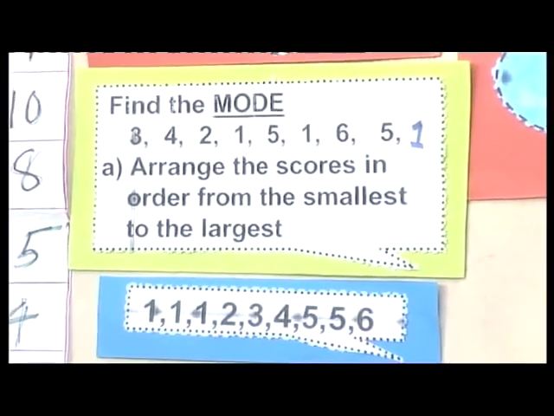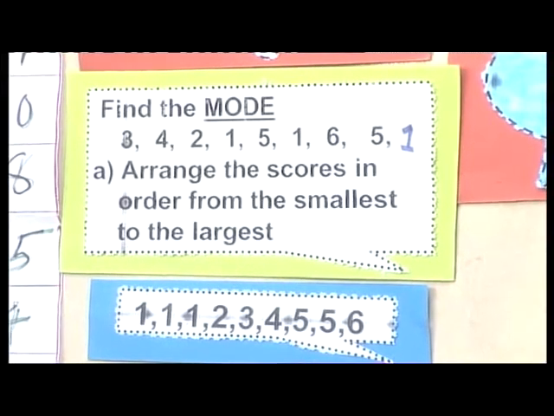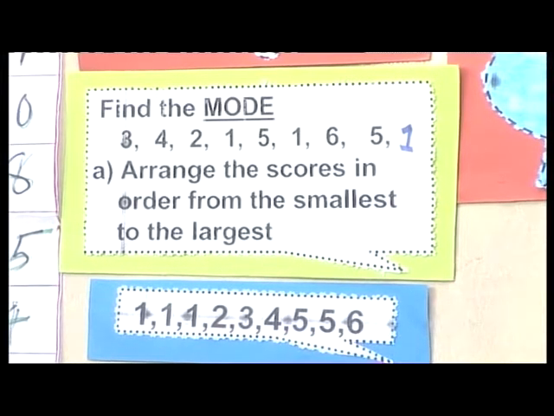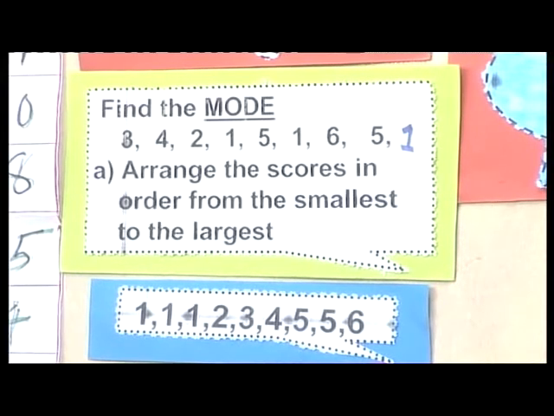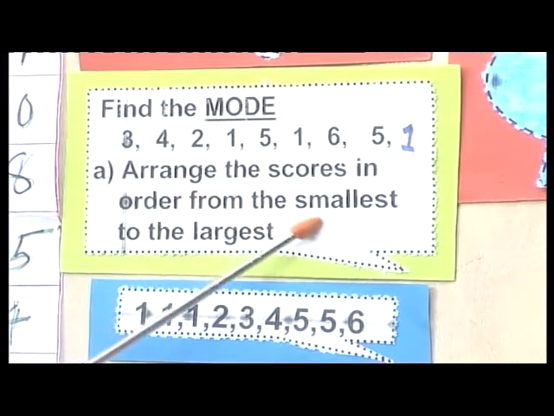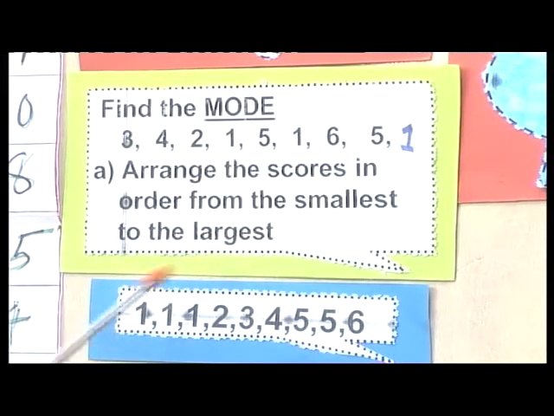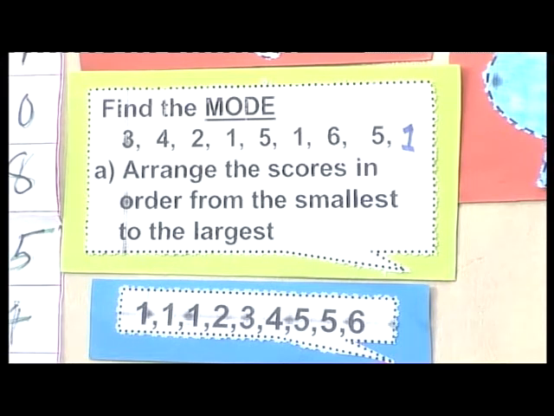So you can see that there are 3 ones at the beginning, and then we have 2, 3, 4, 5, 5, and 6. So having in mind when we want to work out mode, firstly you have to arrange the scores in order from the smallest to the largest number.